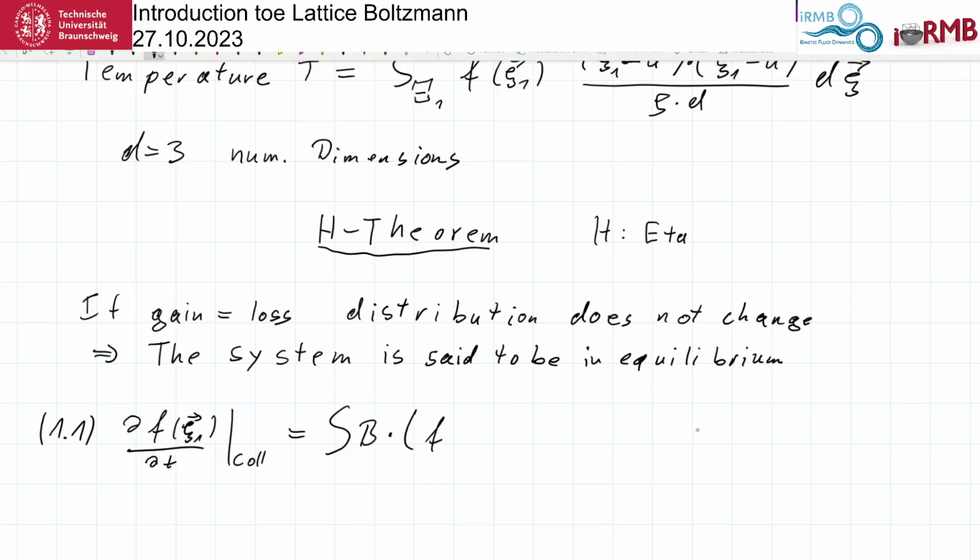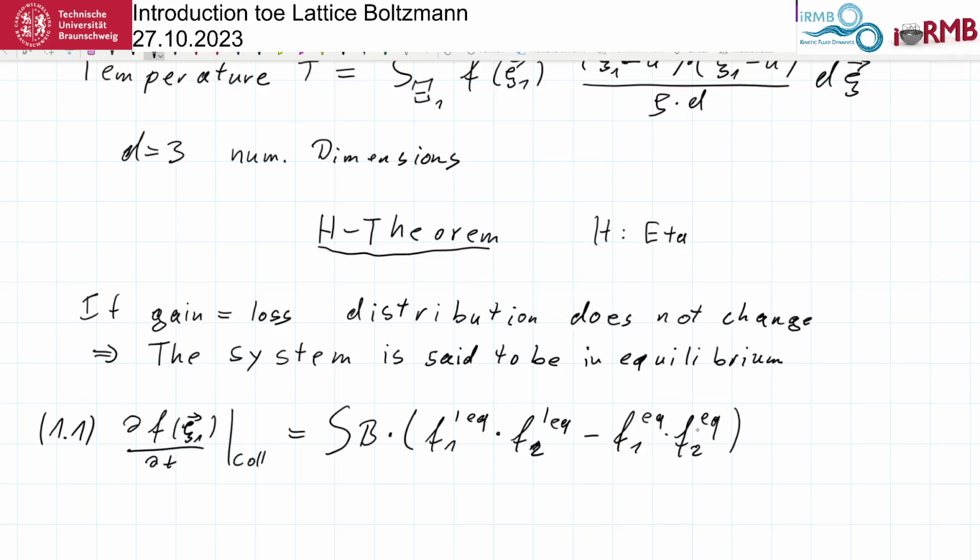Now we know this is equilibrium. So this is again the gain term minus the loss term, and without dash, obviously.